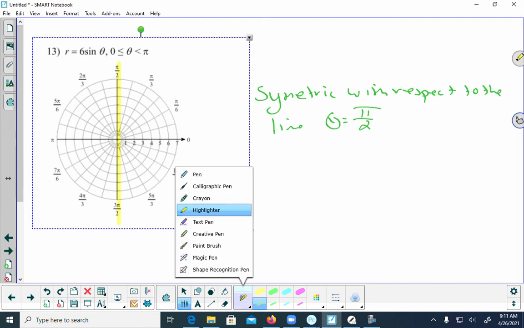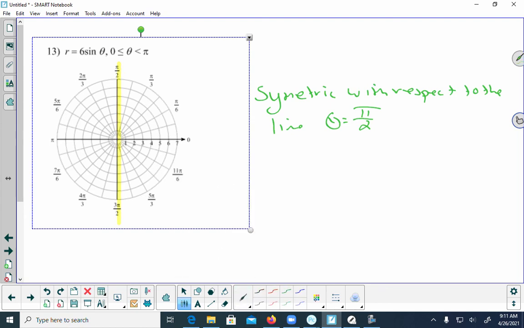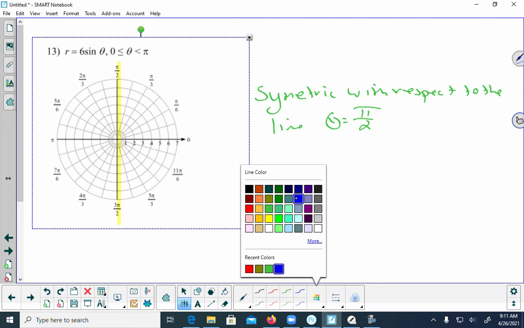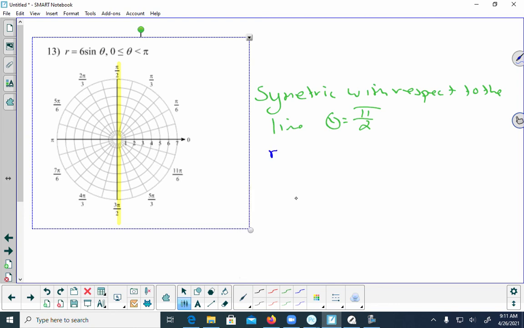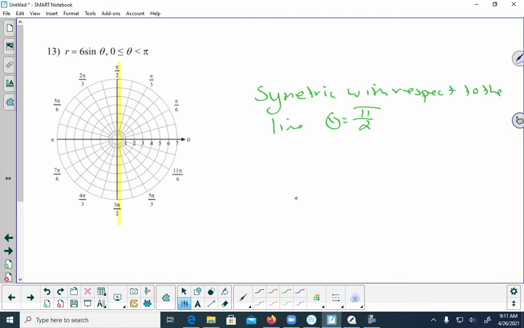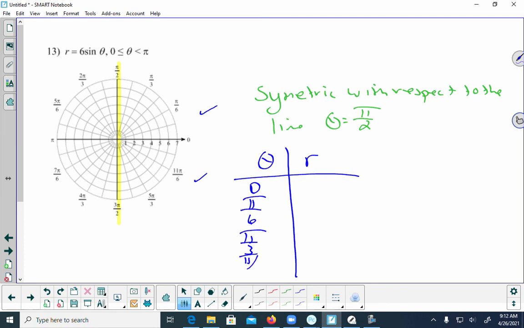So when I go to make my charts using this symmetry as an aid, I am going to just do points from the first and the fourth quadrant. So let's say I do 0, pi over 6, pi over 3, pi over 2.